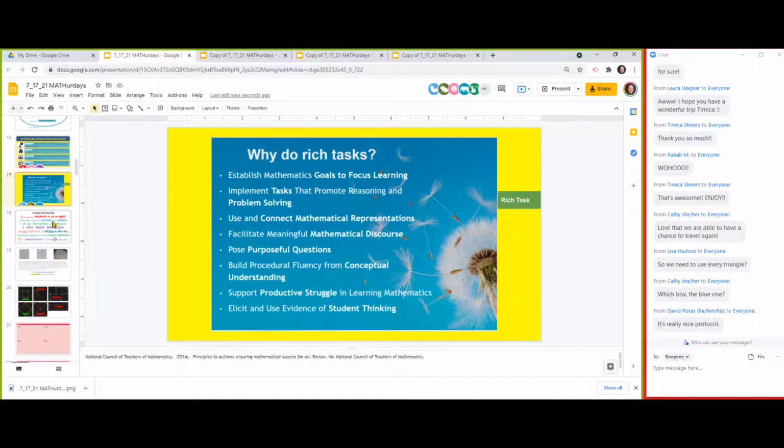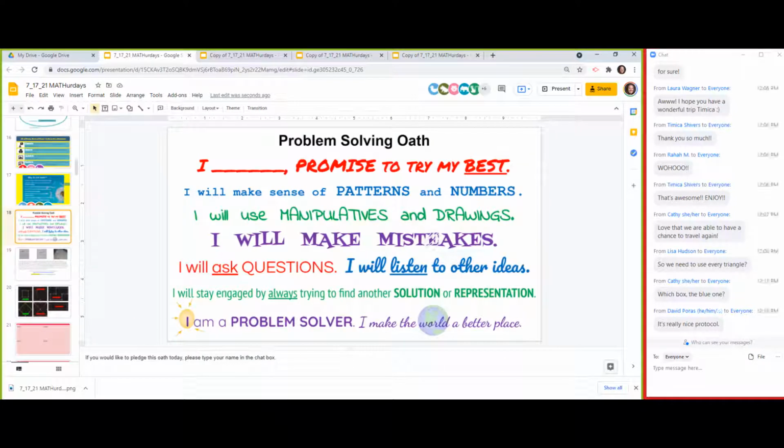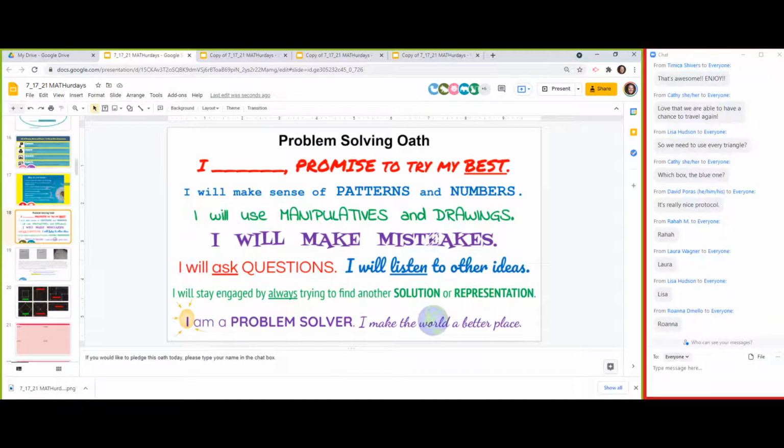But before we begin, I'm going to give everyone the opportunity to pledge the problem-solving oath that I have on slide 18. Just put your name in the blank when you read it to yourself. I, Teresa, promise to try my best. I will make sense of patterns and numbers. I will use manipulatives and drawings.